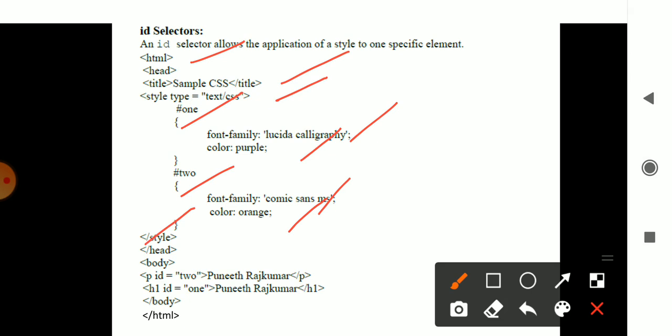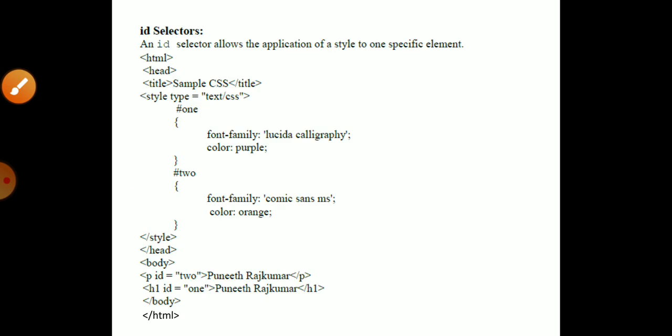Then in the body you have ID type 2 and 1 and Puneet Rajkumar, paragraph close, heading close, body close and HTML close. When you close like that, the output would be of this format. Here it is chosen with the particular font, and I think H1 is there, so it takes that particular format with that font.